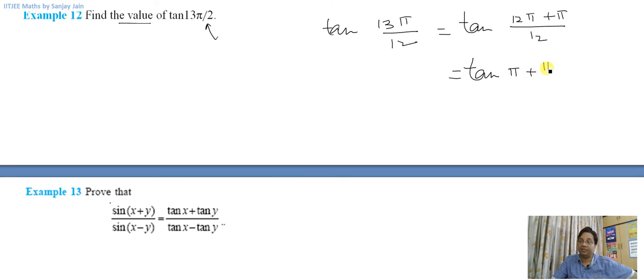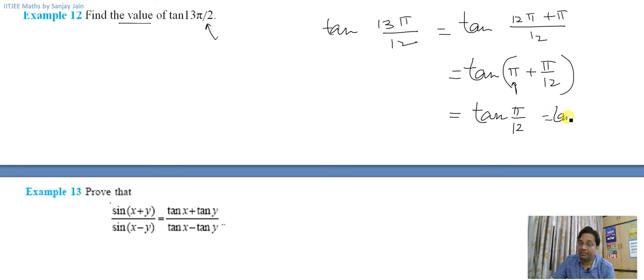Now here I have got pi, so it will not convert tan into cot, tan will remain tan. Now look at the quadrant, pi plus theta, so it is in the third quadrant where tan is positive, so it is equal to tan pi by 12. So what is pi by 12? If you think in your mind in terms of degrees, if you are more comfortable with degrees, then this is tan 15 degrees.